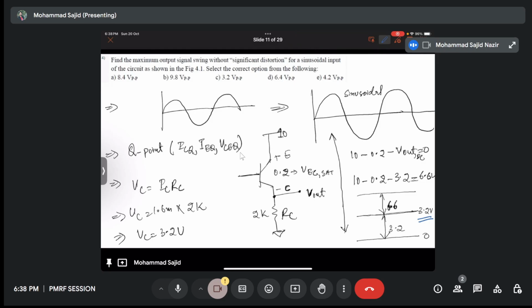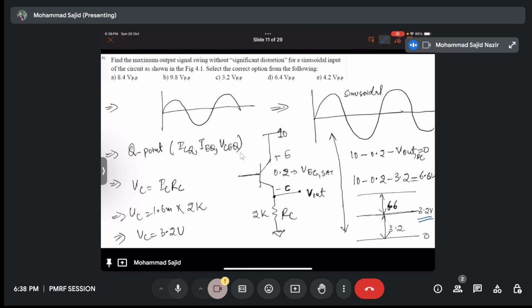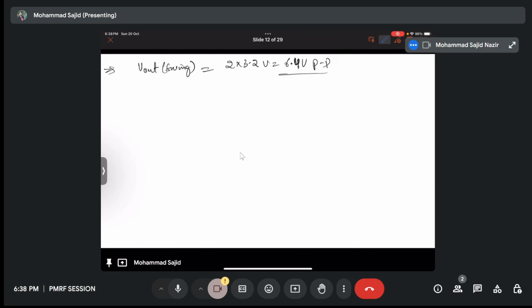So I can have a cushion of 6.6 volts above, within which I can get a signal without distortion on the positive side. Similarly, V0 can go down to 0 and there won't be any distortion. So the voltage swing is 2 times the minimum of 6.6 and 3.2. It should be a total of 6.4.